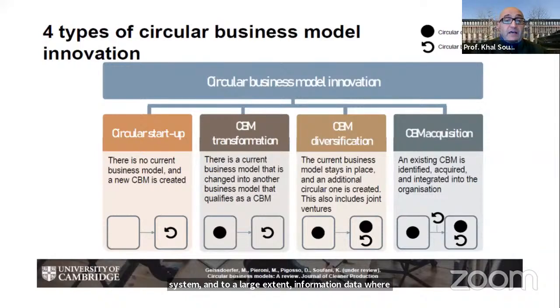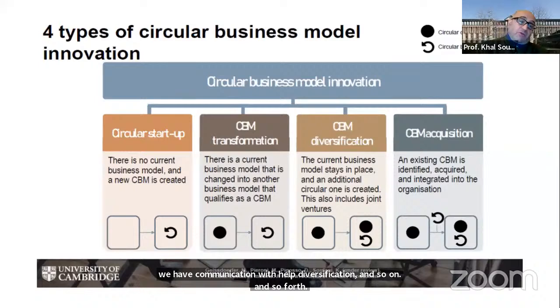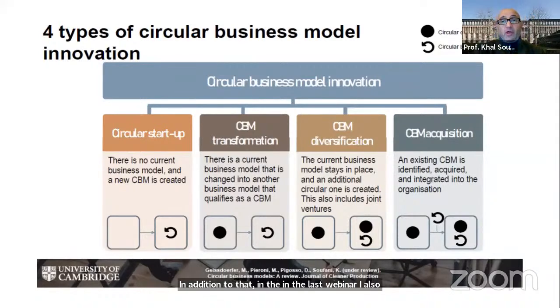In addition to that, in the last webinar, I also talked about different circular business models relating to closing the loop, relating to slowing down the usage or utilization of assets, machines or material. It is not only about slowing down, but also about the intensification of the use.